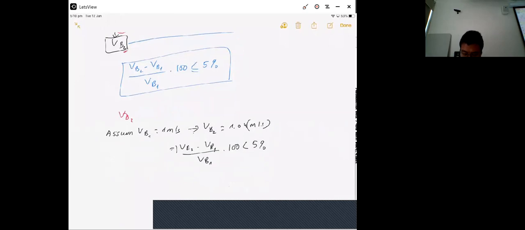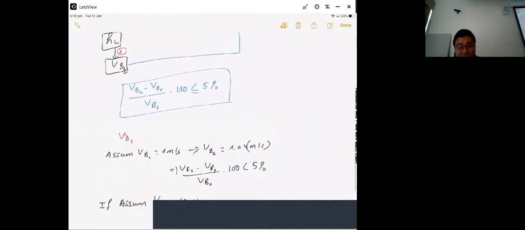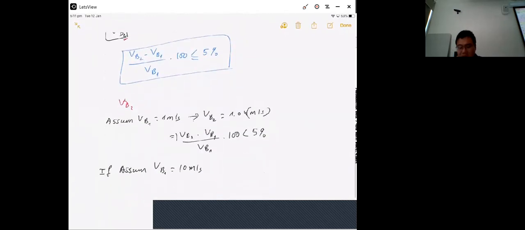But if I assume VB1 is 10 meters per second, maybe I have to do this 5 or 10 times to have the result. If with the first assumption you see the difference between VB1 and VB2 is too far, you have to choose VB again.